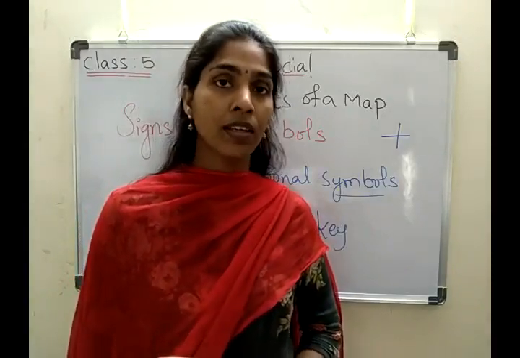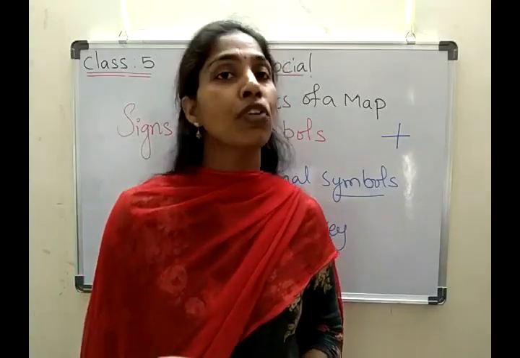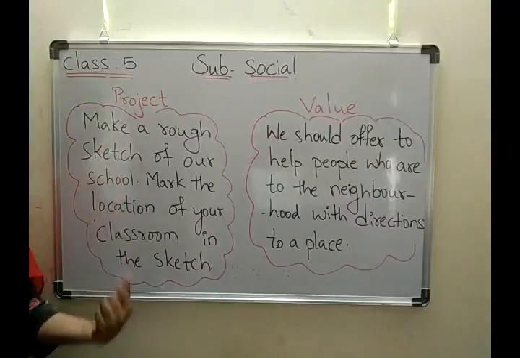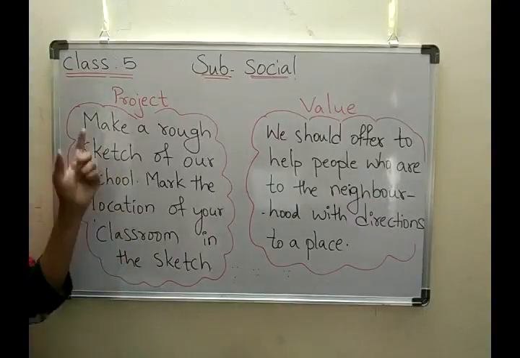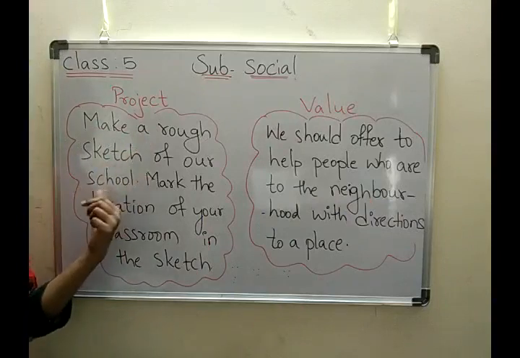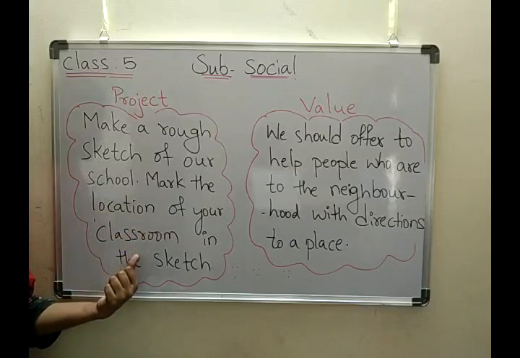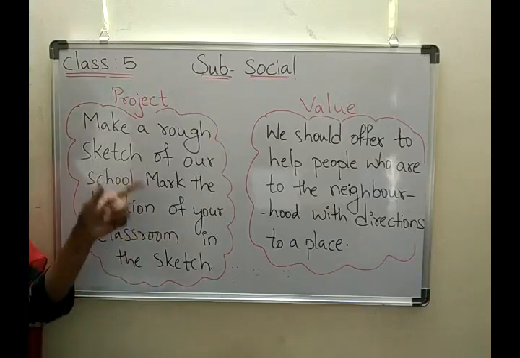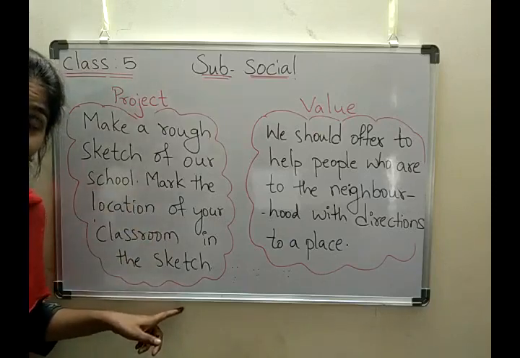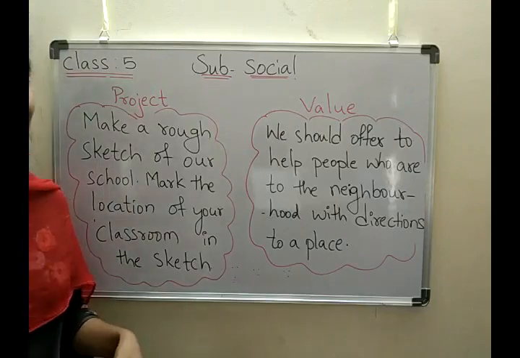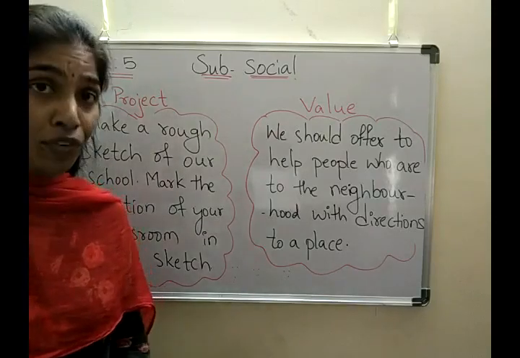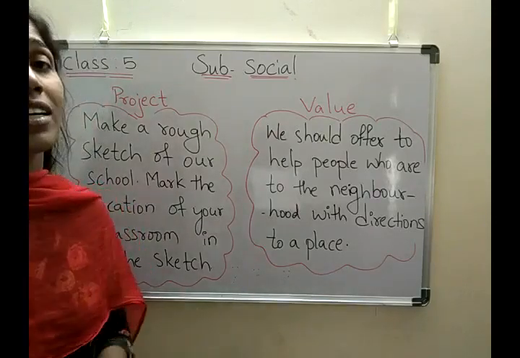Am I clear, children? Children, please note down the project work. Make a rough sketch of our school. Mark the location of your classroom in the sketch. Now tell me, children, what is a sketch? A sketch is a rough drawing and a sketch is not scaled.